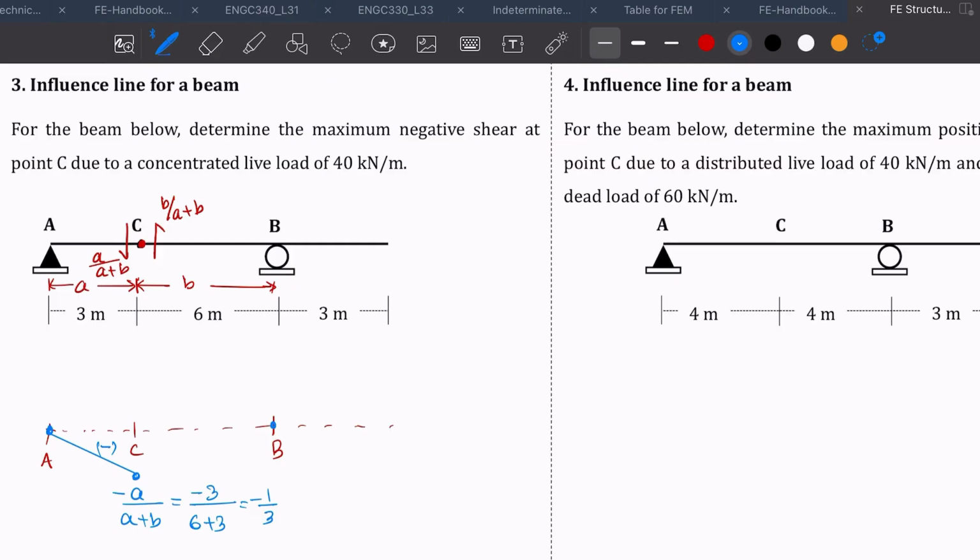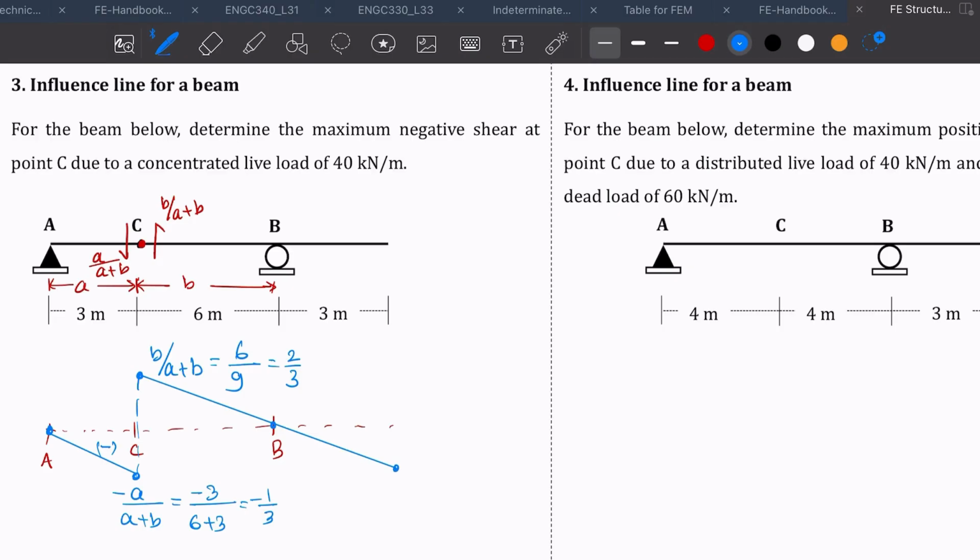And then for the b part, we're going to draw a straight line, but again, we have to make sure that the continuity is maintained, and we cannot bend or break the beam at joint B. So that means it's going to be a straight line. And so this part will be b over a plus b, which is 6 over 9, and that will be equal to 2 over 3.